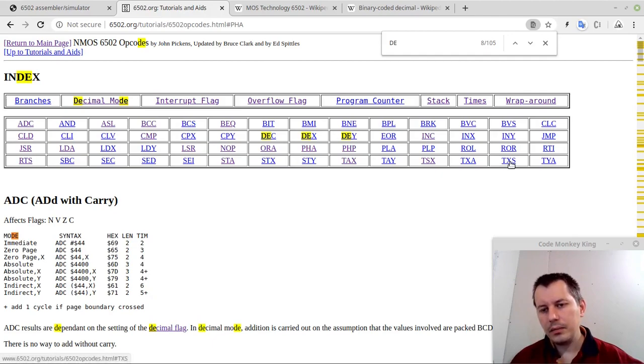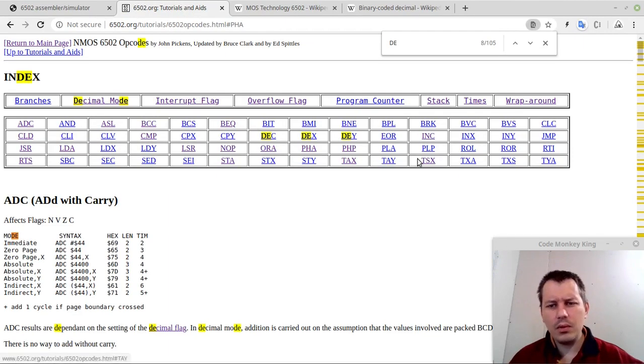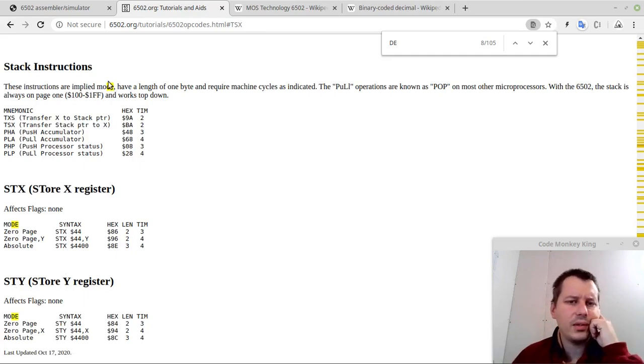Or hold on a sec. Yeah, I'm sorry guys, I'm not crystal clear here, so let me just make a little experiment. So let's say LDX, let's say the value of 10, and TSX. So does it put on the stack, or does it affect the stack pointer? That's a very essential thing.